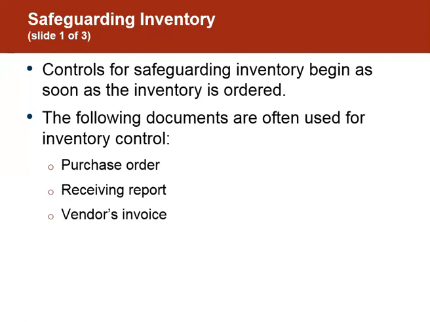We open the boxes and we count what it is we have. Maybe all 10 boxes are the same item, which makes it easy. Or maybe we have 20 different items spread out over those 10 boxes. So someone in the receiving department will merely say, hey, I got 12 of product A and 9 of product B and so on.